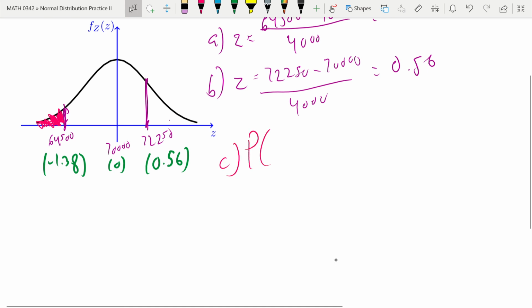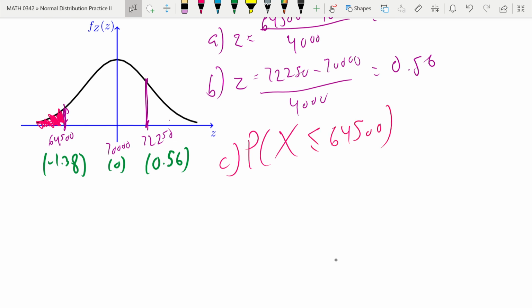Part C asks for the probability an engineer, let's say their pay is this random variable x, is less than 64,500, but we've already transformed into z, so we see that this is the probability that z is less than or equal to, what's the z-score? Minus 1.38.